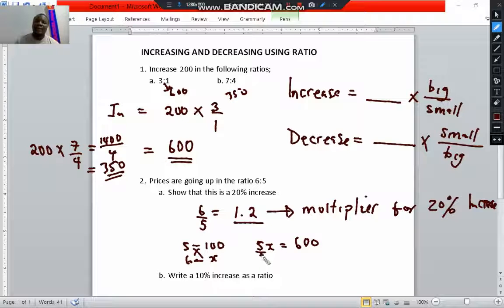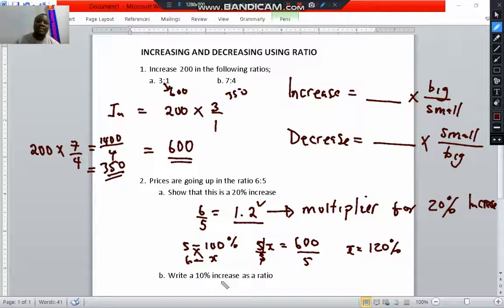If you divide by 5, x gives you 120%, which means 6 to 5 is an increase of 20%. I don't like this method, but the first one is good because 1.2 is a multiplier for 20%.